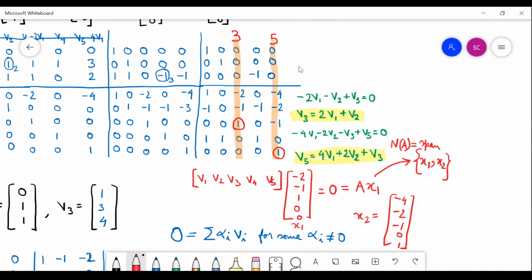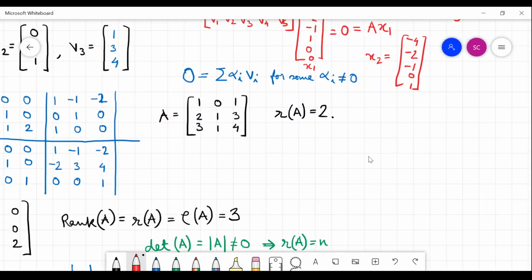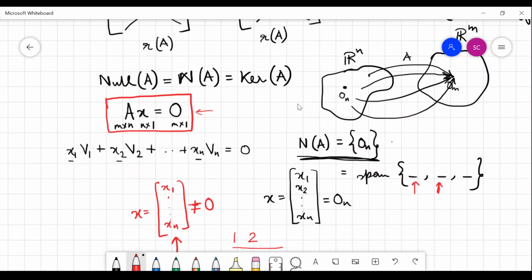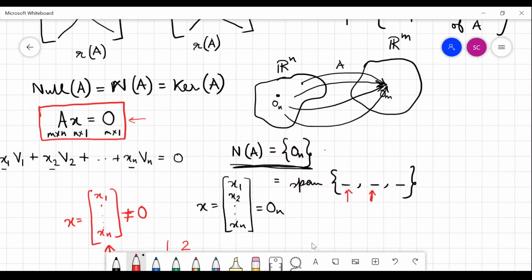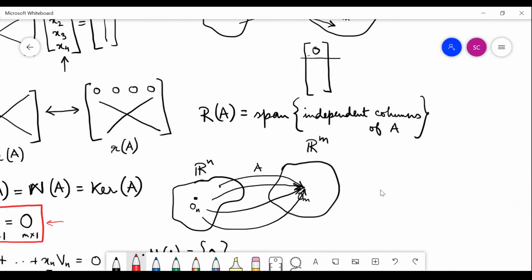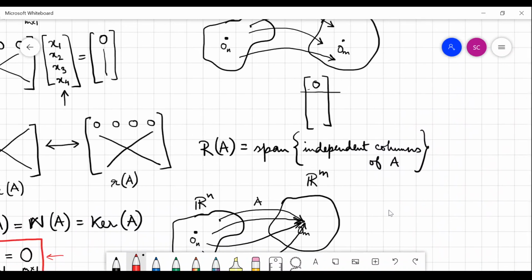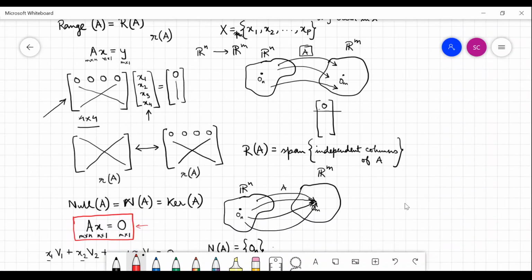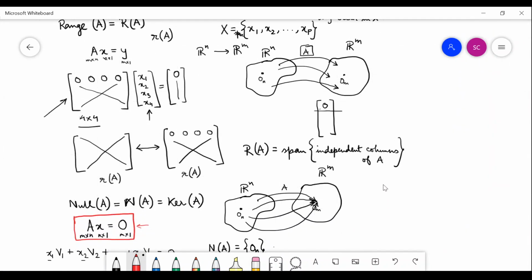So you see that the null space is basically a complementary concept of the range space. However, there is a very significant difference which I would like to point out by looking at these two figures. Just zoom in a bit so that I have these two figures on the same page.